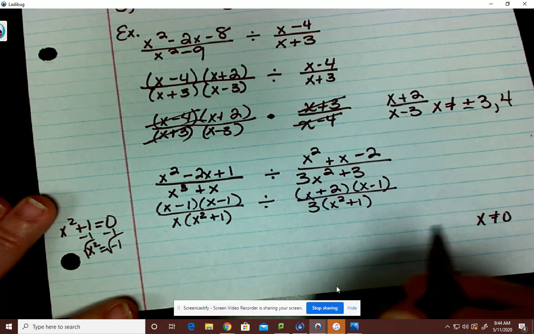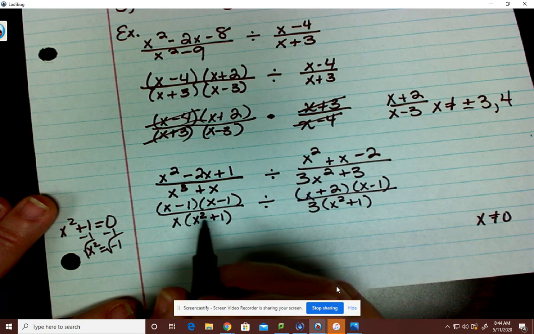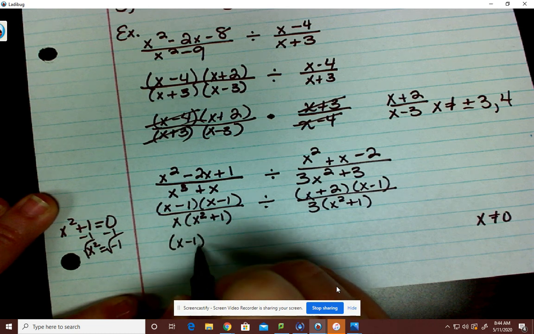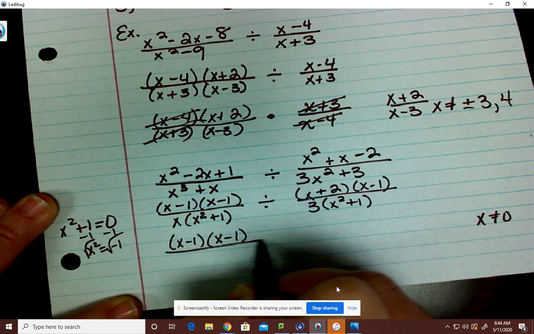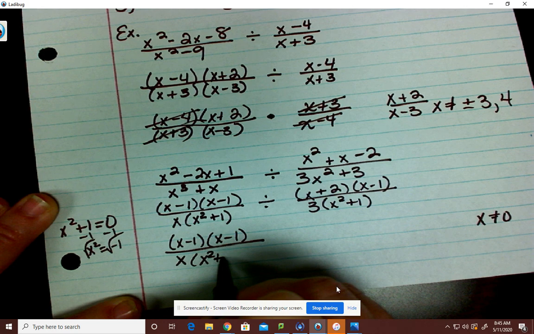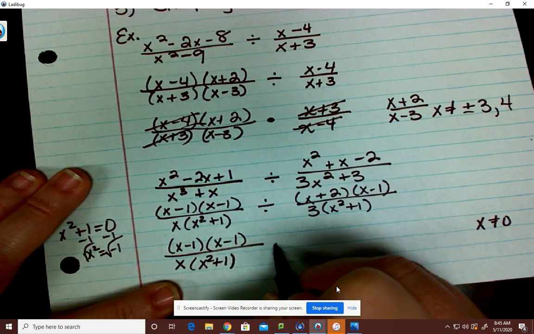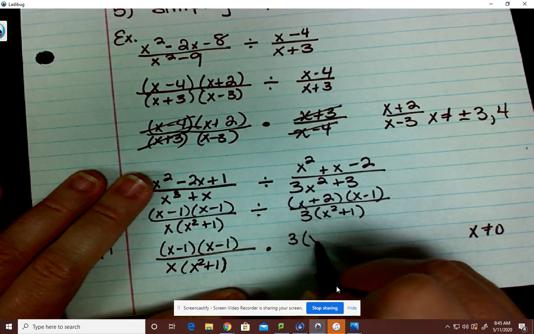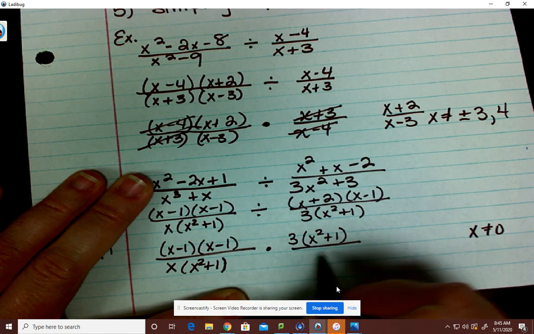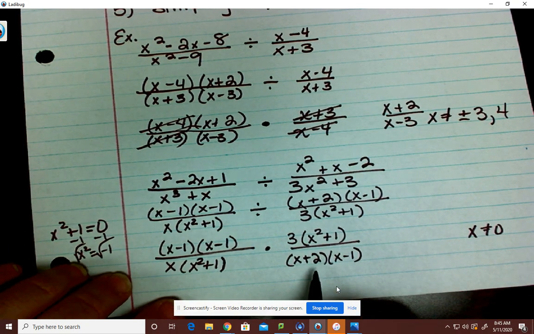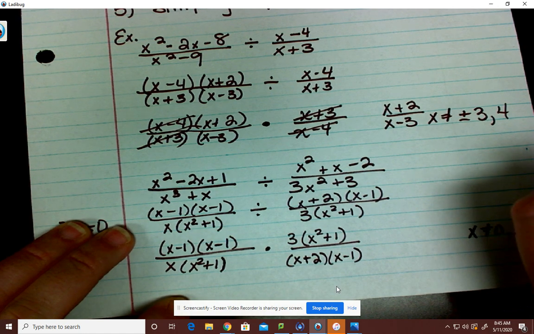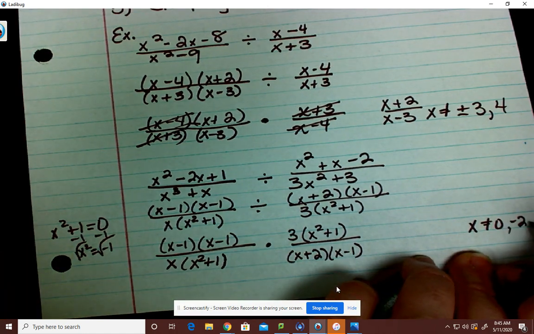So now I do my keep, switch, flip. So I keep the first fraction. Switch to multiply, flip the second one. I now have a new denominator. So what will make these equal to 0? Negative 2 and 1.